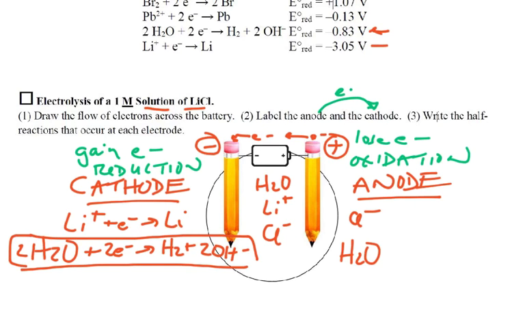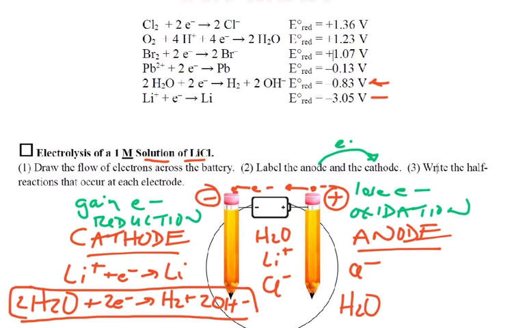Now for the other side, we have to say, well, we have chloride. Okay, so here's our chlorine, and we have water. Both of these reactions are doing oxidation, so we have to look for these chemicals, chloride and water, on the right side of the equation because we're going to run them backwards. And when they run backwards, they have an oxidation potential, in this case of negative 1.36 volts.